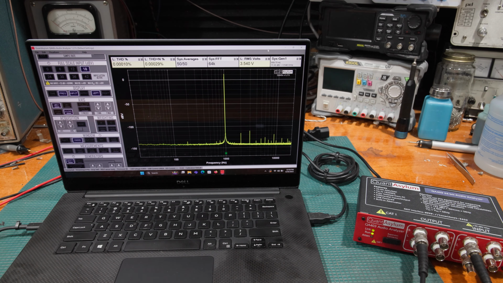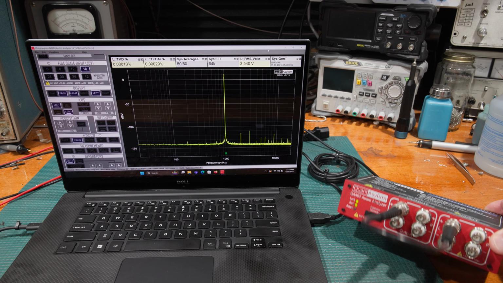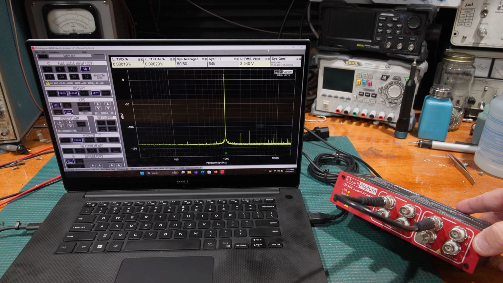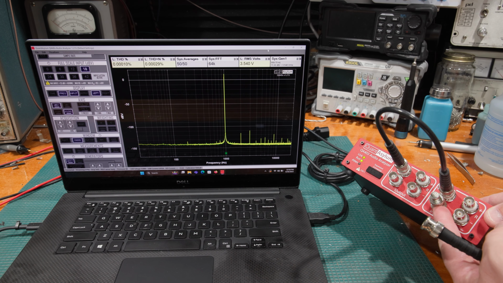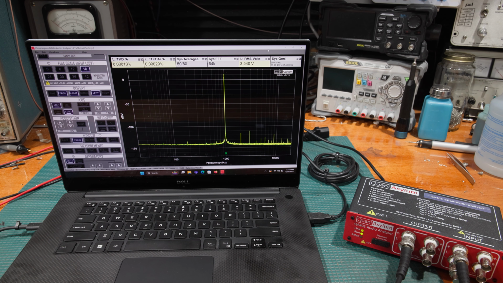Now, to take a look at the measurement setup, we have a QuantAsylum that we know is in functioning order. We are doing single-ended measurements on this one, not dual-ended measurements, so I have the input grounded through a 50 ohm termination as recommended by the manual. And for reference, since I know the QuantAsylum is the best oscillator in the lab, not in terms of frequency response, but in terms of signal integrity and measurement capabilities, I'm using it as the reference.